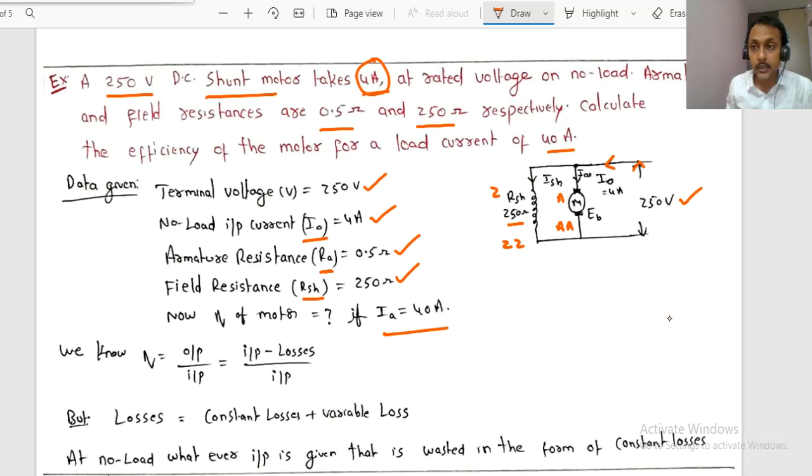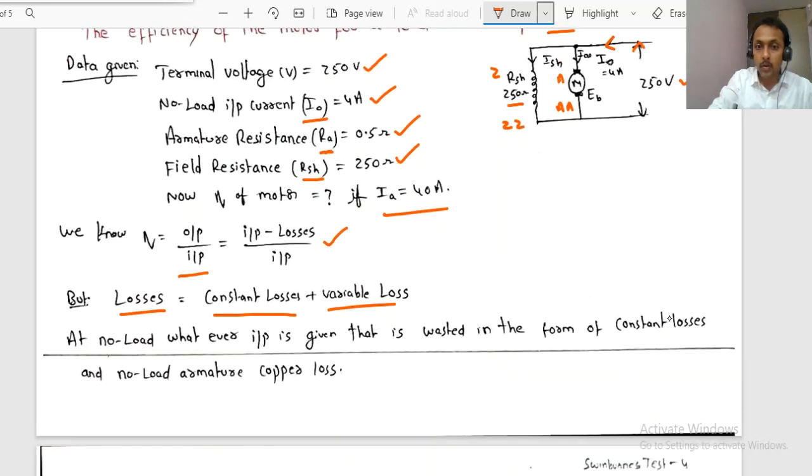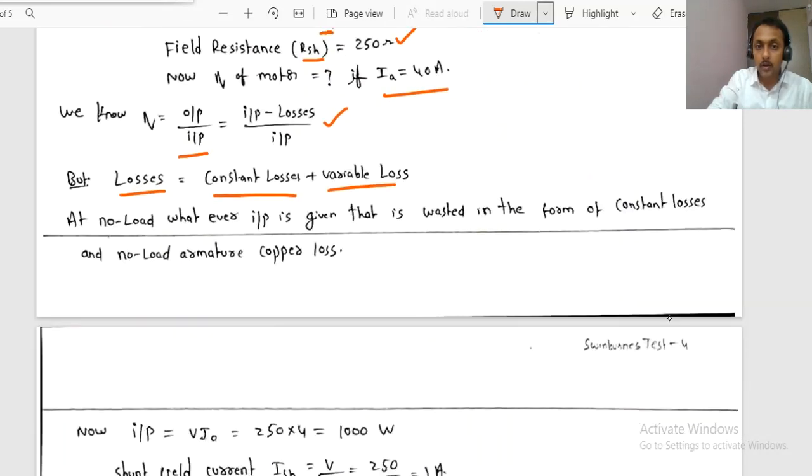What about efficiency? Output by input. What is output? Input minus losses. But what about losses? Constant losses plus variable loss. Depending upon the load current, Ia square Ra will change.